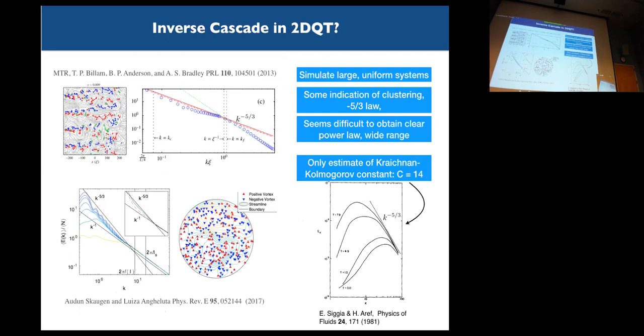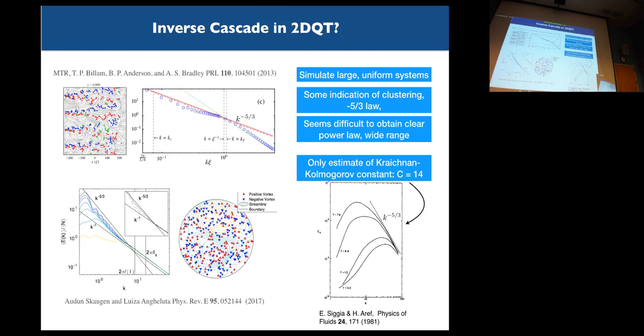So then some other people, including myself and co-workers, decided, well, let's not worry about whether this can be realized in a real system yet, and let's just see if we can see it in an idealized system. So we looked at GPE simulations in a large uniform system, looking at turbulence generated by a grid of stirring obstacles.